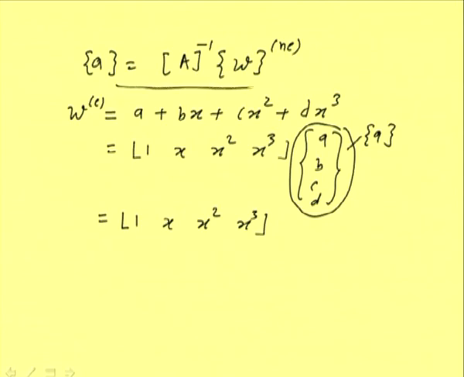So we can substitute that here, and once we substitute it, we will get the row 1, x, x square, x cube times A inverse times W.